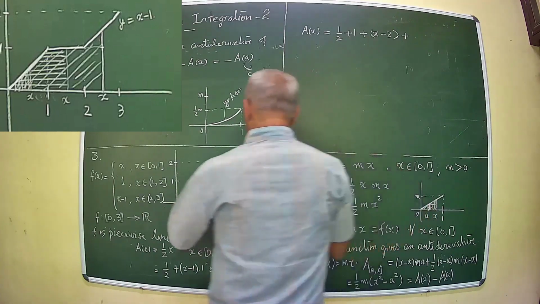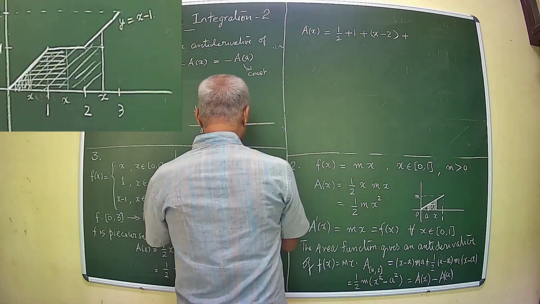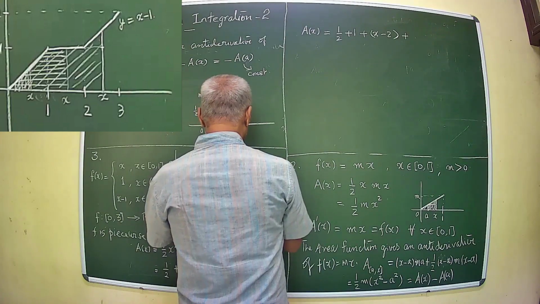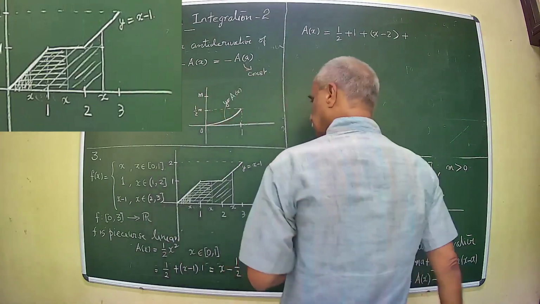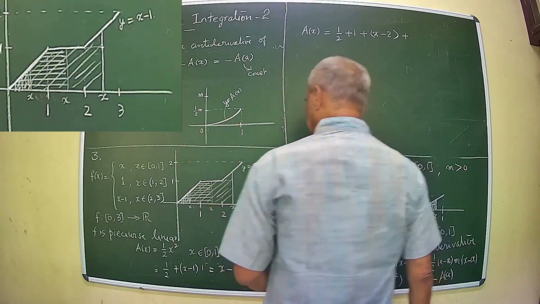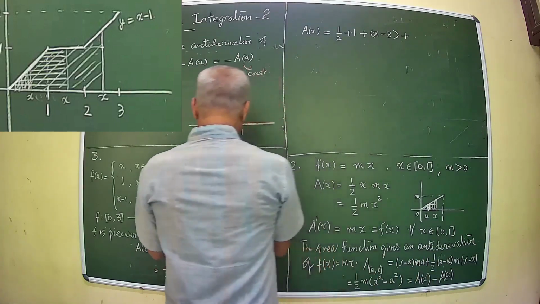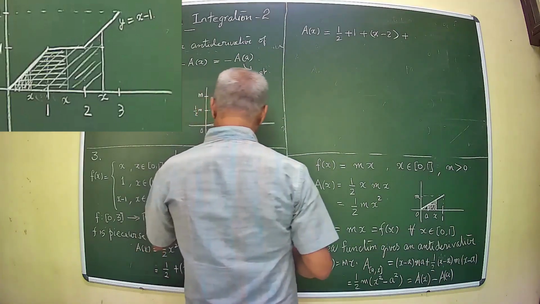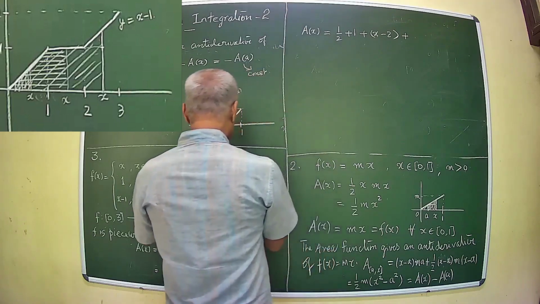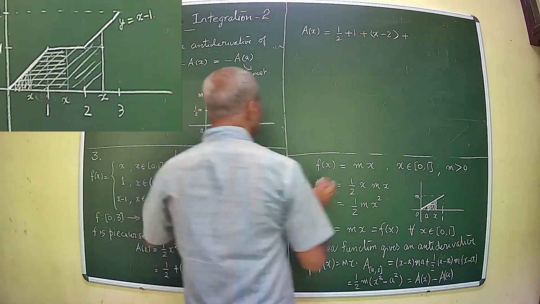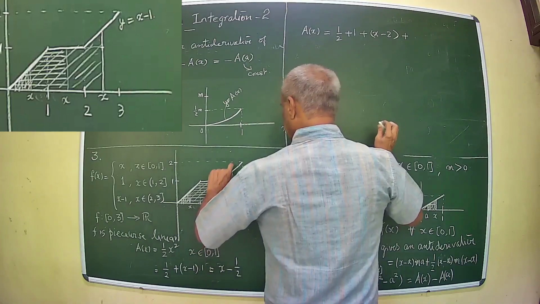Now what is this function? This function is y equal to x minus 1. Therefore, the height is 1 here, and this is x minus 1 minus 1, so this is equal to x minus 2.